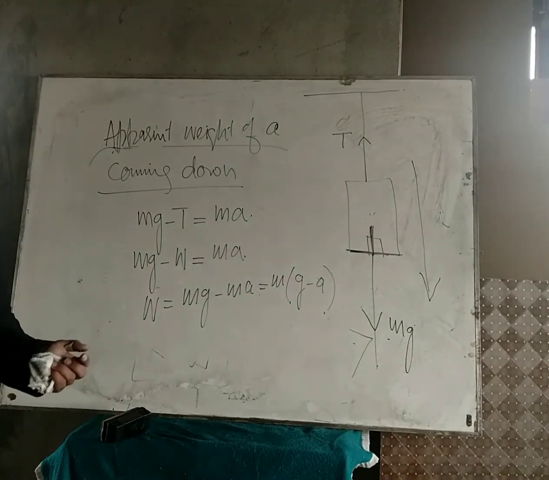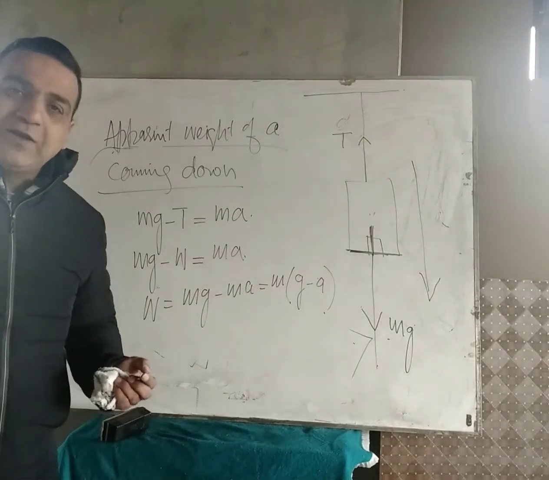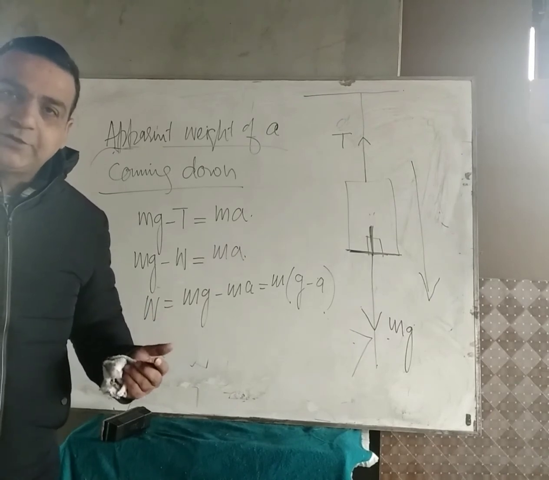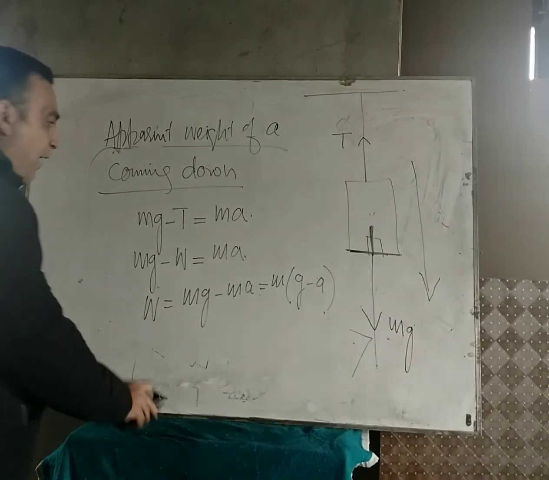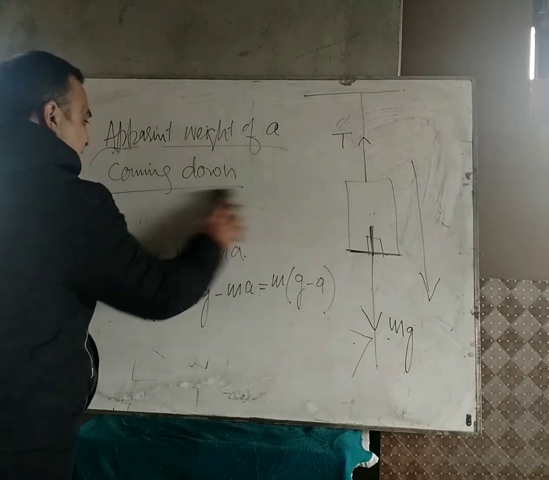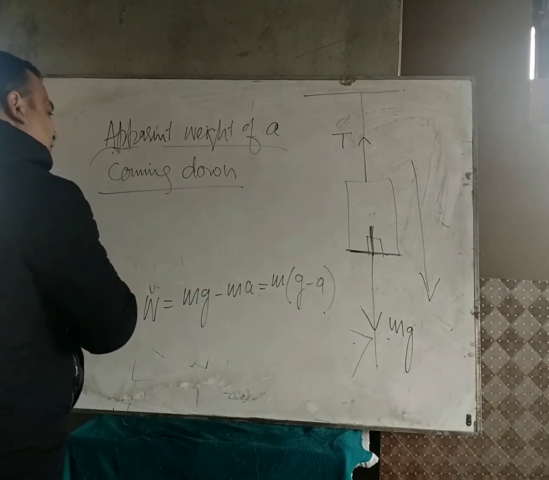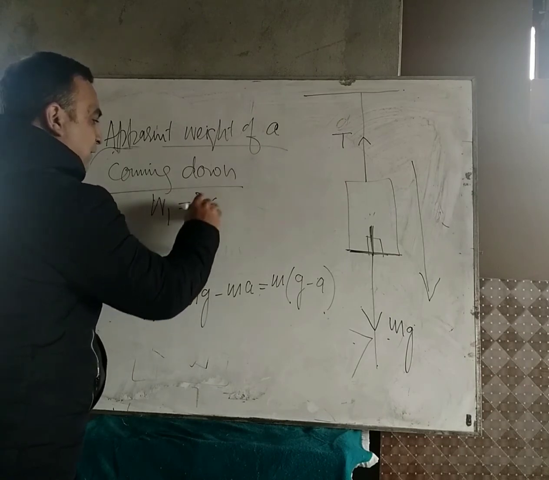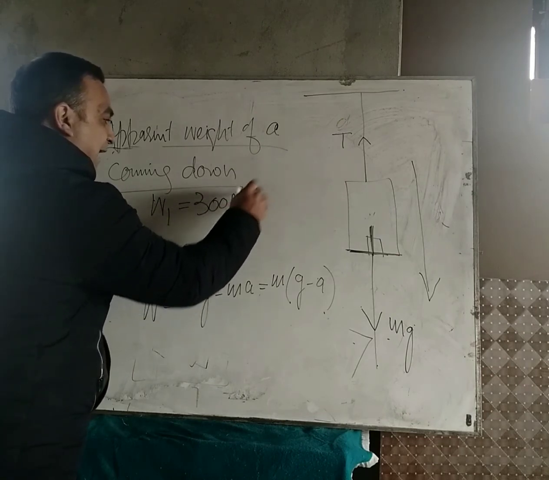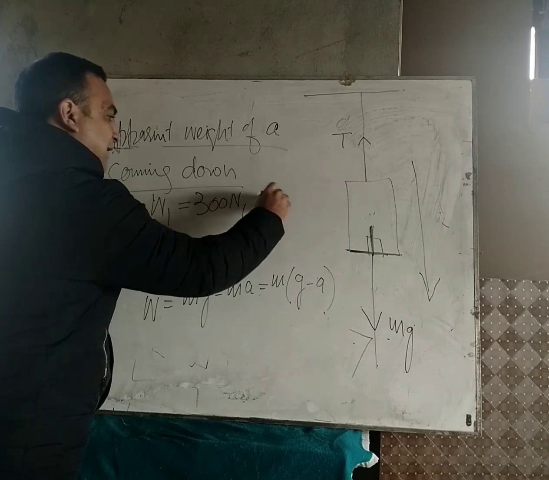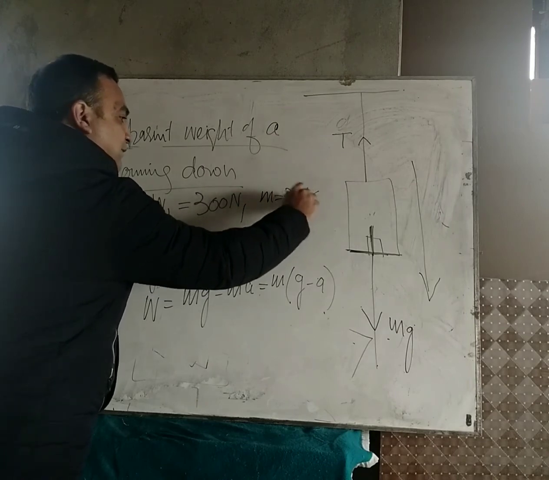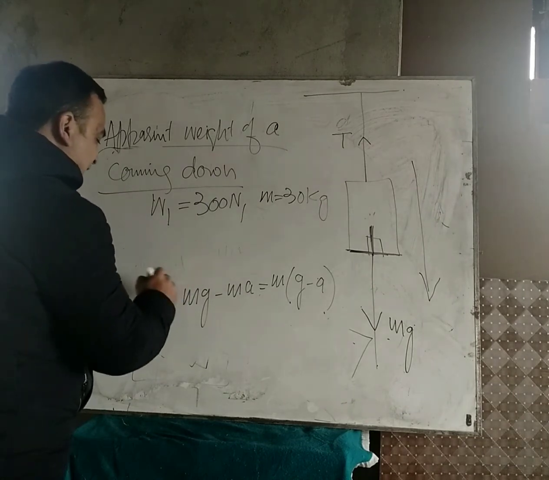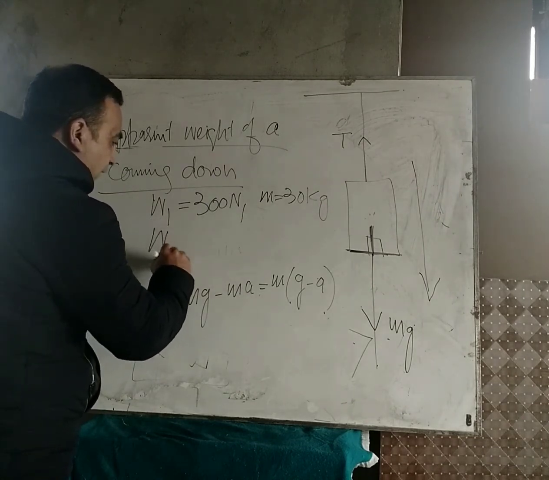We can choose the same problem that we chose for the lift when it was moving in the upward direction. Now, what was that problem? What was the weight of this person on the ground? That was W1, that was 300 Newton. And what was his mass? It was chosen as 30 kilograms. Now, if I use the same thing here, what will be W apparent for him?